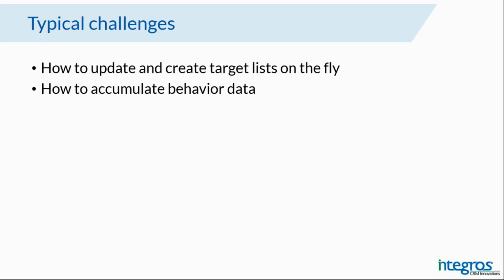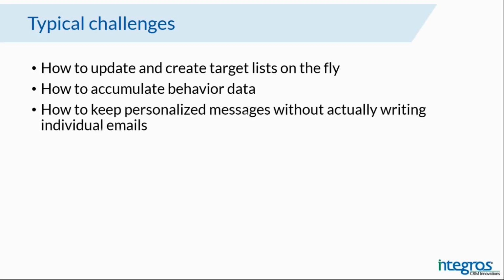So we'll need to create unique messages to address each one of those segments, and at the same time we can't write individual emails, since it would take a lot of our time. So we need to find a way to easily send hundreds or even thousands of different unique messages.